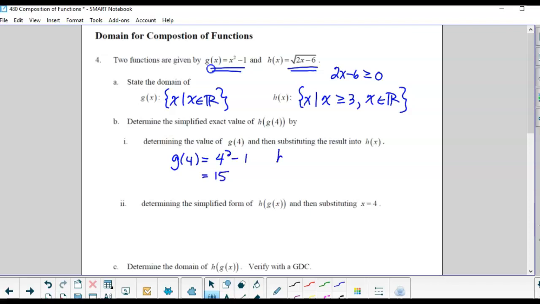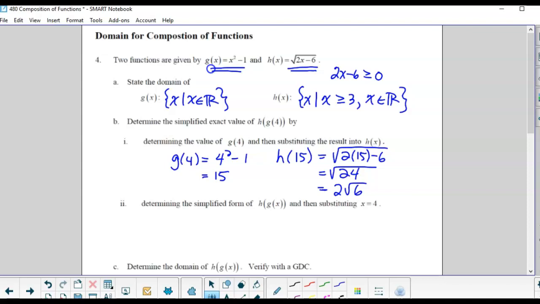Then h of 15 equals the square root of 2 times 15 minus 6, which is 30 minus 6, is 24, which you can simplify to root 6.